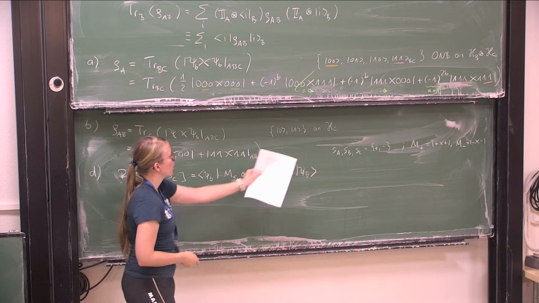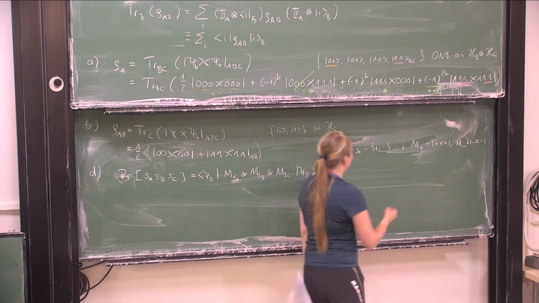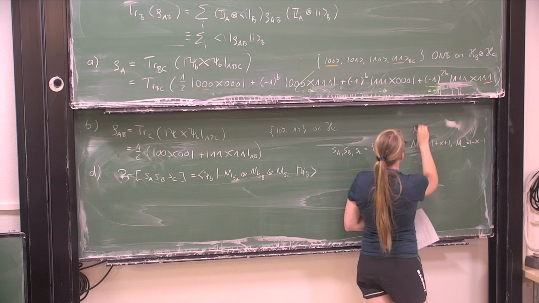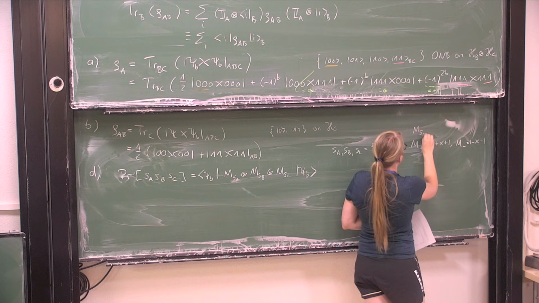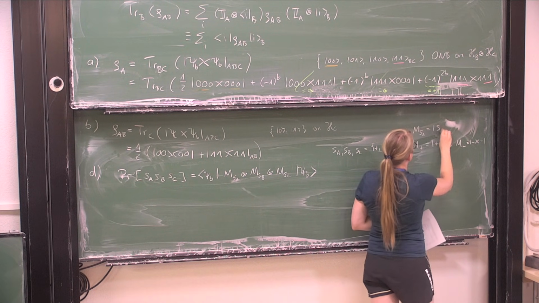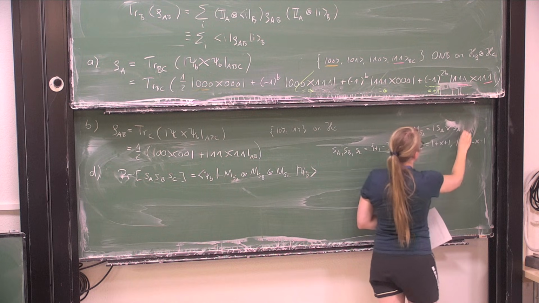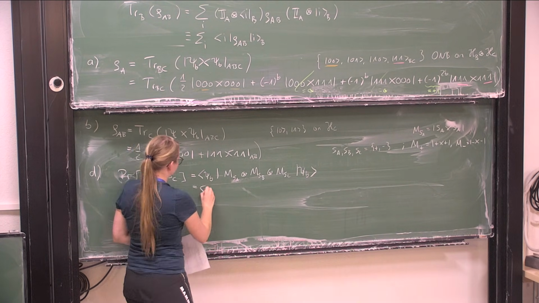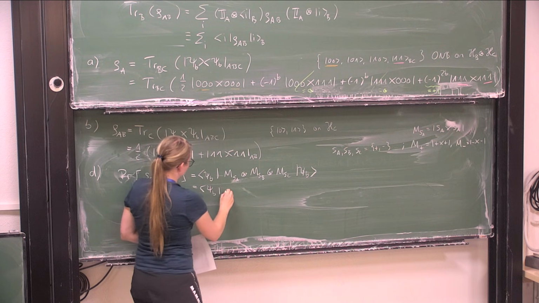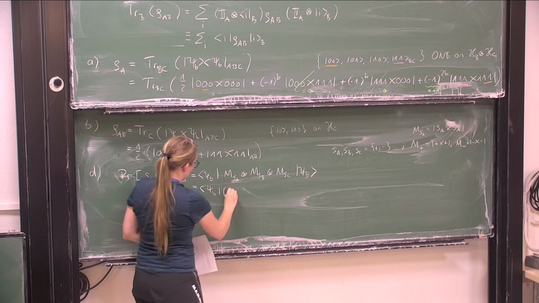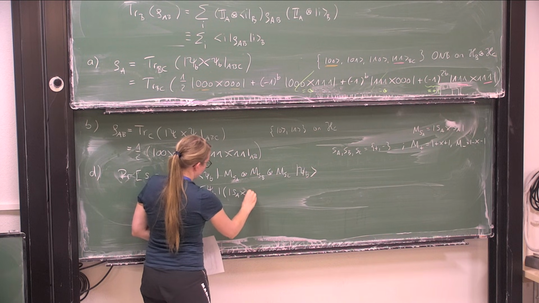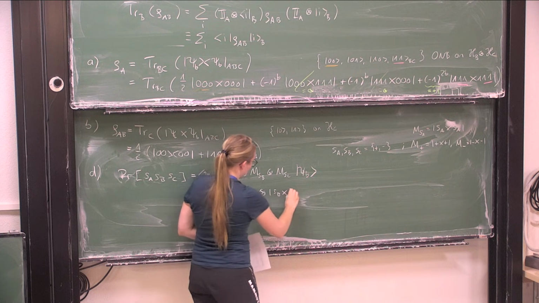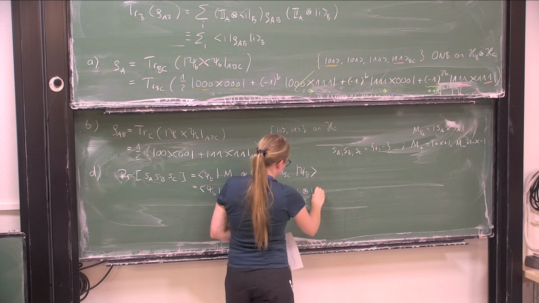Okay, so more generally I can say M for the outcome is a, the projector. So I put this in, I get all these terms for the measurements a_A, b_B, and c_C.